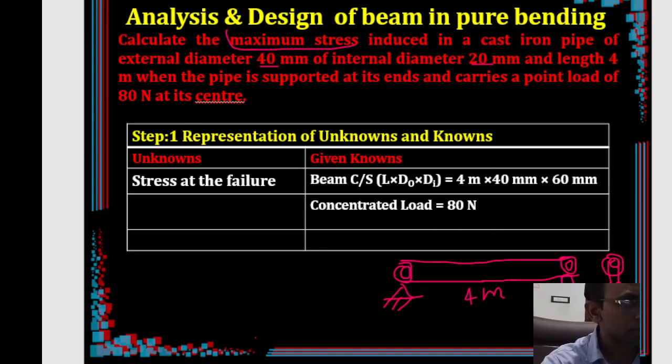So this is a cross section. This is 20, and the outer is 40. So these are the details.